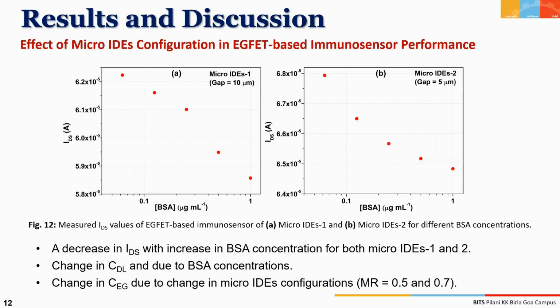But here you can see the micro ID1 and micro ID2, two different configurations. We can see a drastic change, so if you change the configuration, you can have a better sensitivity of the measurement. Micro ID1 is basically metallization 0.5, whereas micro ID2 is metallization 0.7, because here the gap is 5 micrometer. We have reduced the gap.